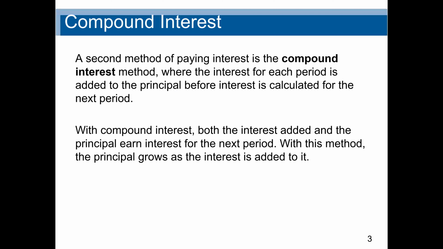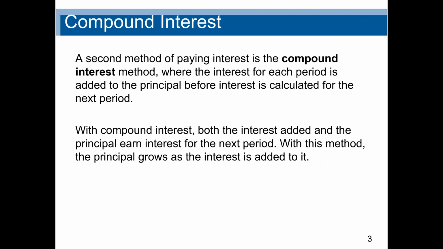We are going to withdraw it. So the amount invested will stay constant throughout the period of the investment. But with compound interest, we add the interest to the principal. So as time progresses, the principal amount increases, and this will yield more interest.